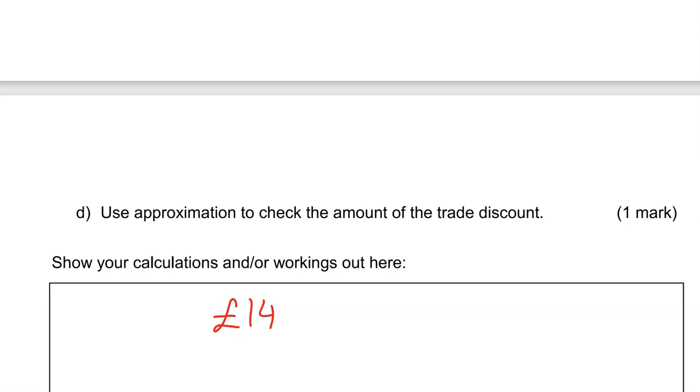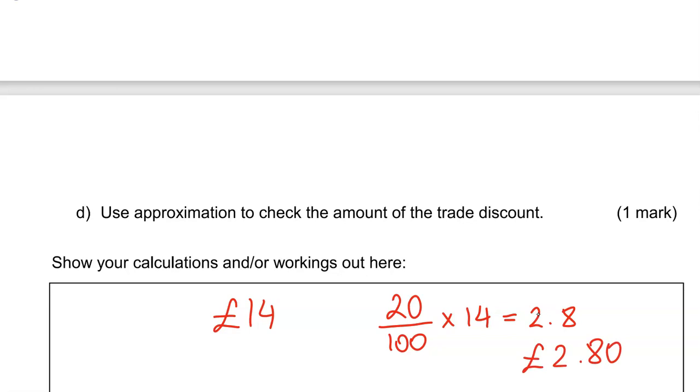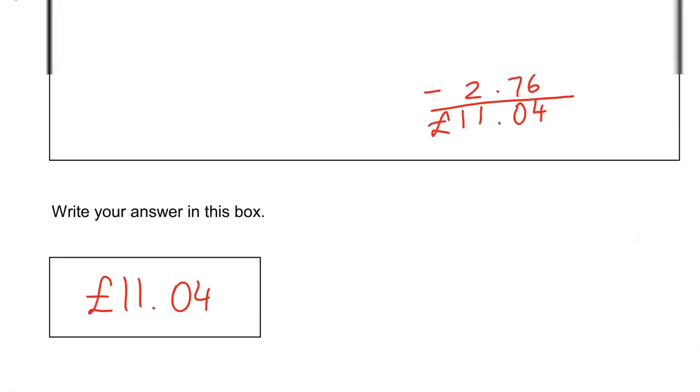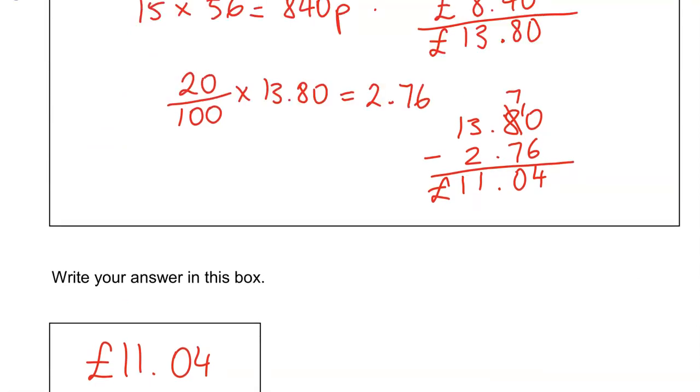So 20% of 14, again 20 divided by 100 times 14 gives us 2.8, which is £2.80. So comparing that with the £2.76 that we have here, that is very close to that.